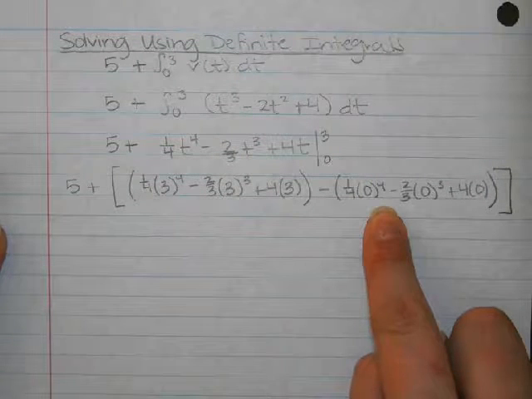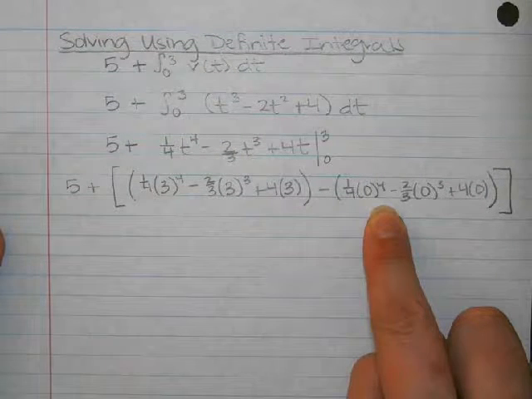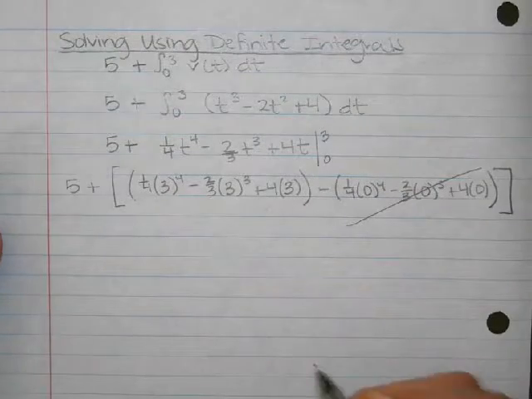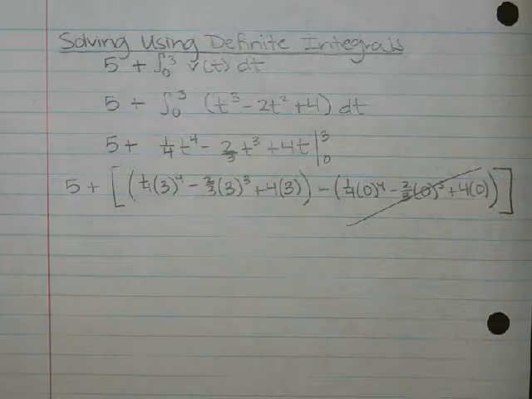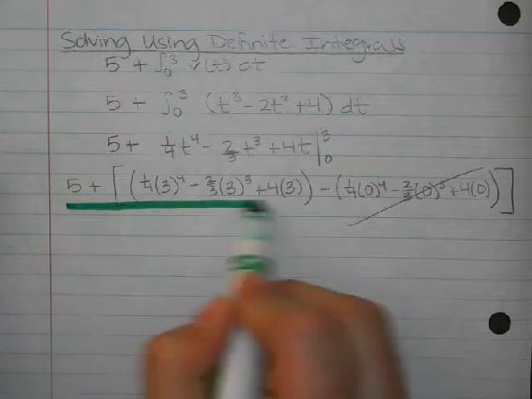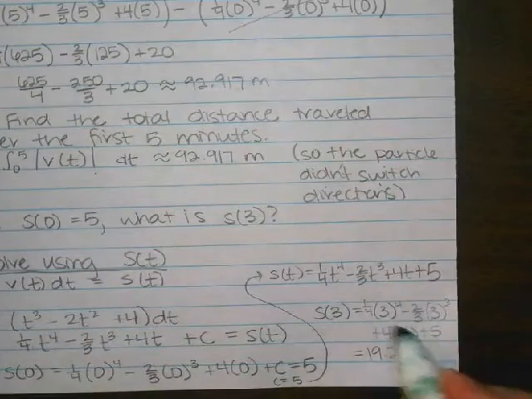This part right here zeroes out. And if you compare this part right here, it's exactly the same as s of 3.